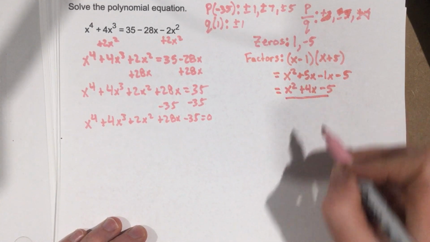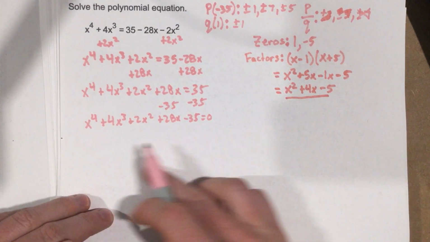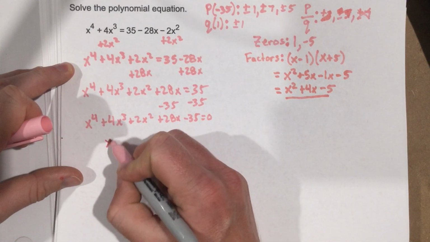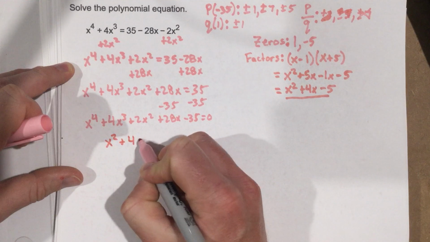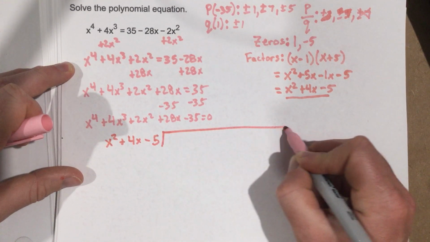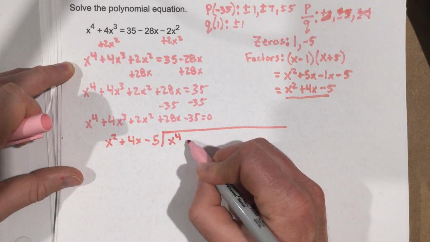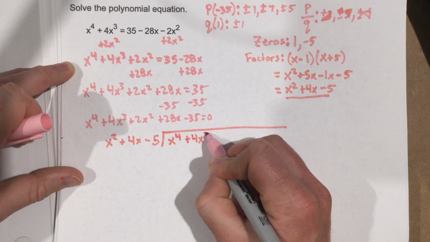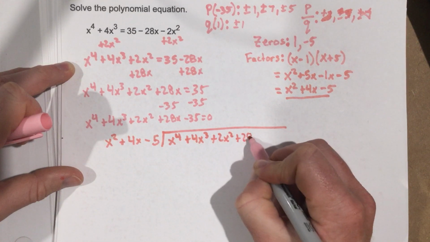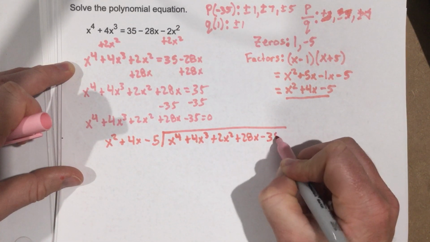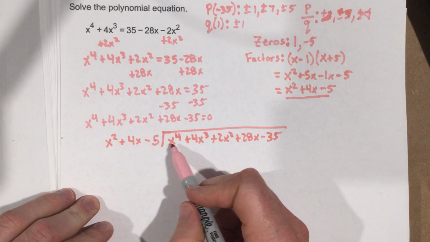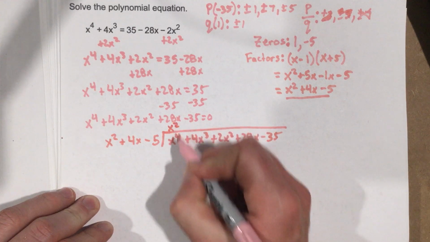So I'm going to use this now to do some long division with this long equation here. So we're going to say x squared plus 4x minus 5 dividing x to the 4th plus 4x cubed plus 2x squared plus 28x minus 35. X squared goes into x to the 4th, x squared times.